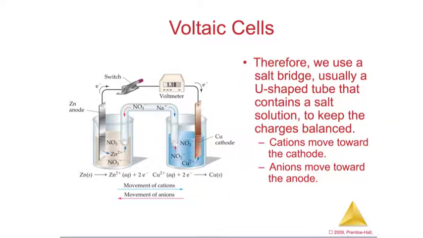And so the addition of the negatively charged electrons to this compartment would cause the nitrate ions to move through the salt bridge towards this compartment, towards the positively charged zinc that is in solution here, and thereby balancing out the charges in both compartments and allowing the circuit to be complete.